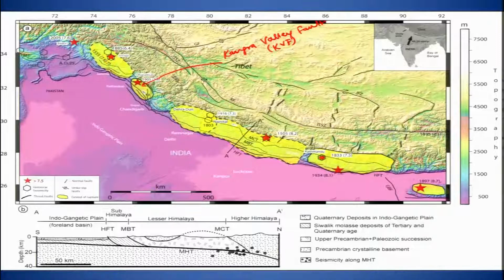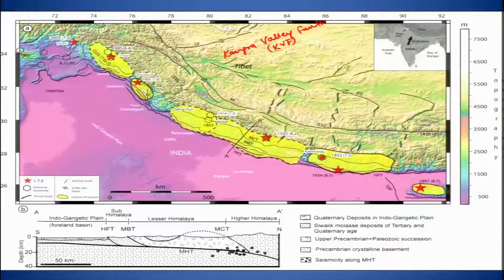Now the question which we asked in the previous slide is whether these earthquakes were triggered along the Himalayan frontal thrust or along some other faults. What we have suggested is that the 1905 Kangra earthquake, with magnitude 7.8, was triggered along KVF.